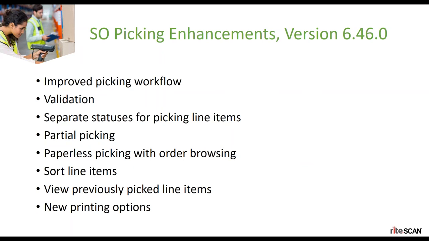They also have new printing options which allow you to print as you're picking. Each time you pick a line, you could print labels at that time if you had to relabel product with different quantities. Or you can just print at the end of the process to print out a list of all of the items picked. You should see that handout, as I said earlier, in the handouts window, and you can download that for your review as well. That really covers everything with the riteSCAN sales order picking enhancements.